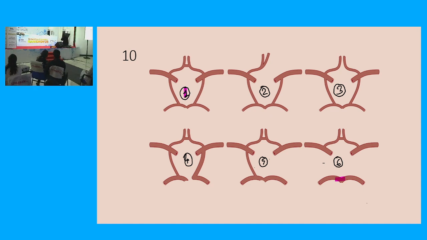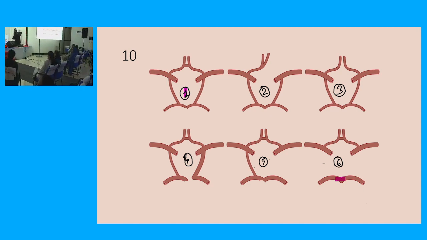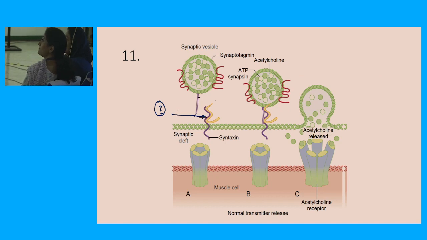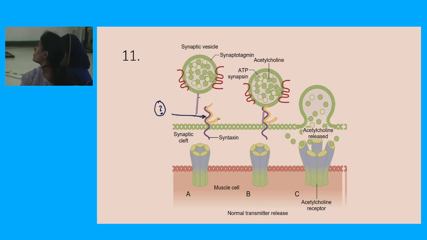Now, your question, Team C. Again, very, very easy question. You just need to identify what I marked, the question mark. It's very, very important. Synaptobrevin. It's a single protein, isn't it?